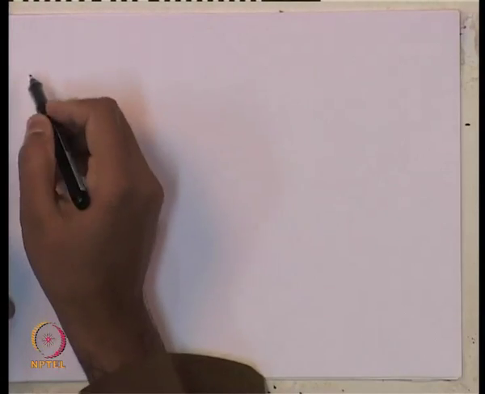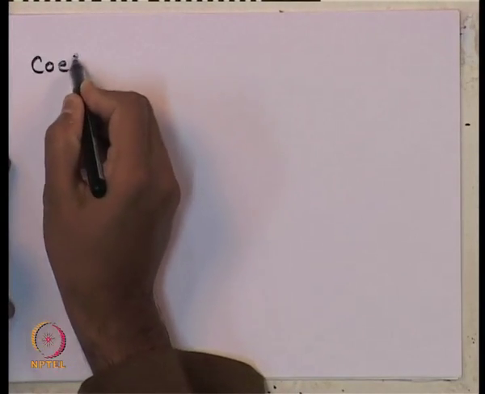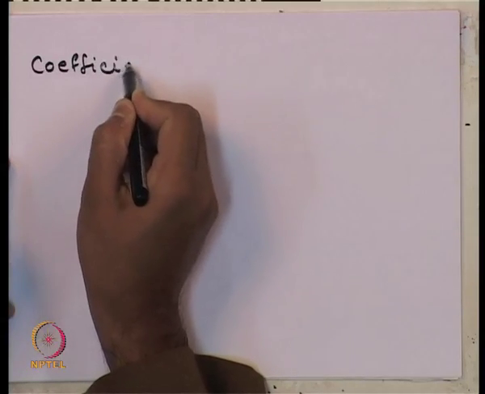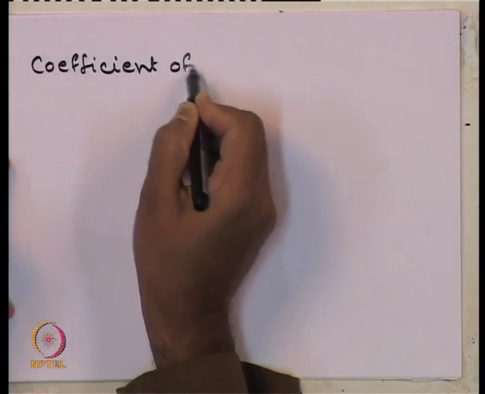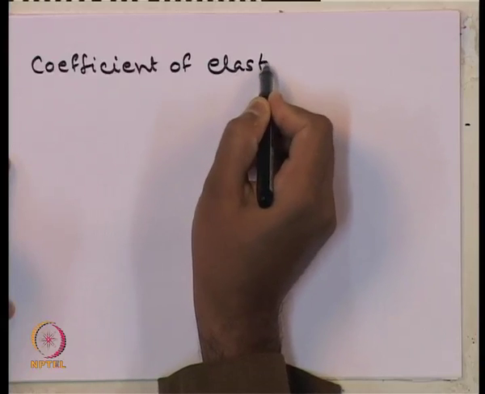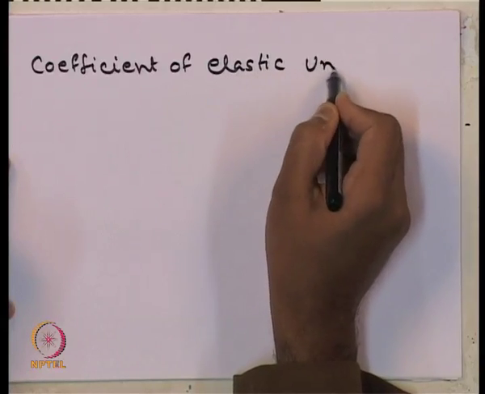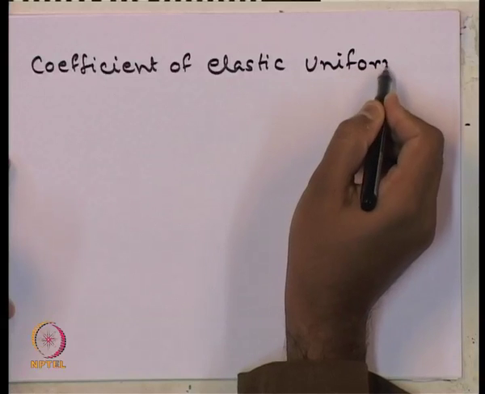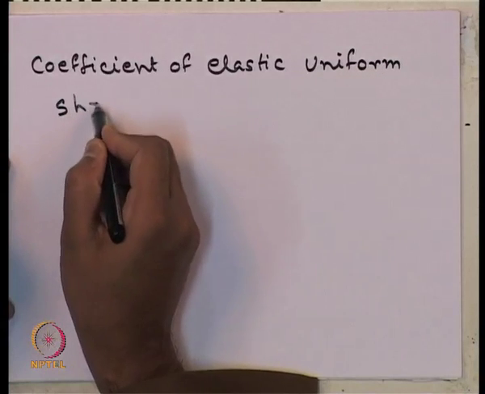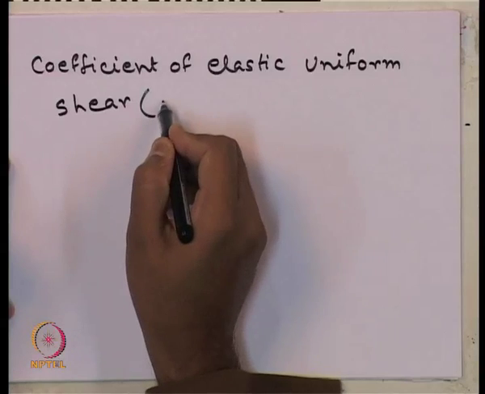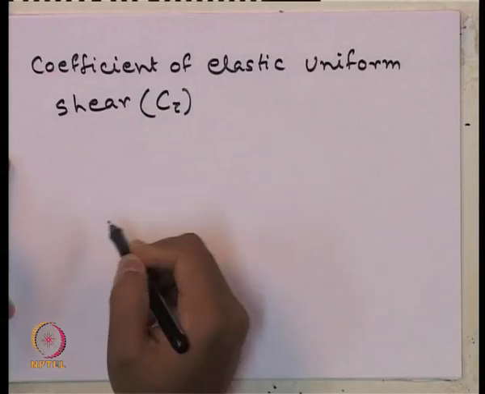Another terminology, coefficient of elastic uniform shear, C tau.